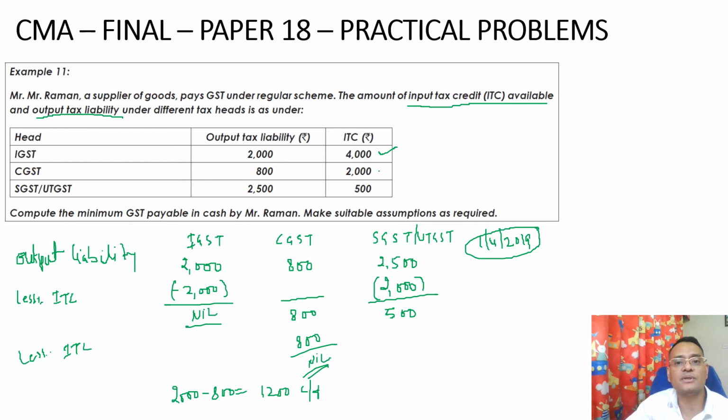So this is about CGST, and for SGST we have rupees 500. So 500 ITC will be used. So the balance is nil. ITC is also utilized 100%, and the output liability has also become 0 as it has been set off against ITC of SGST.